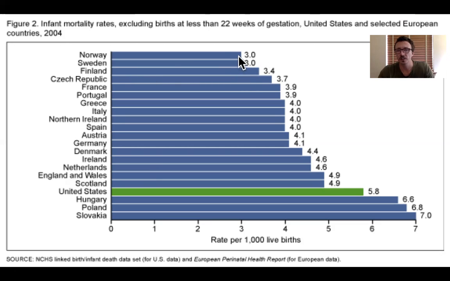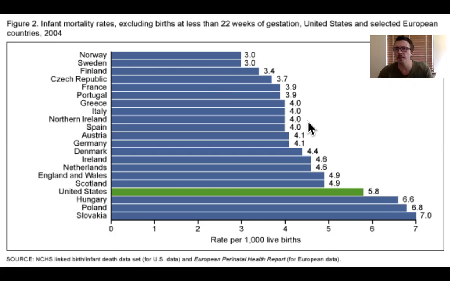And you can see there's a disparity here. And then look at this, the United States of America, 5.8. We have almost twice as many infants dying per 1,000 births than some of these other European countries. And I'm thinking, why in the world might that be?